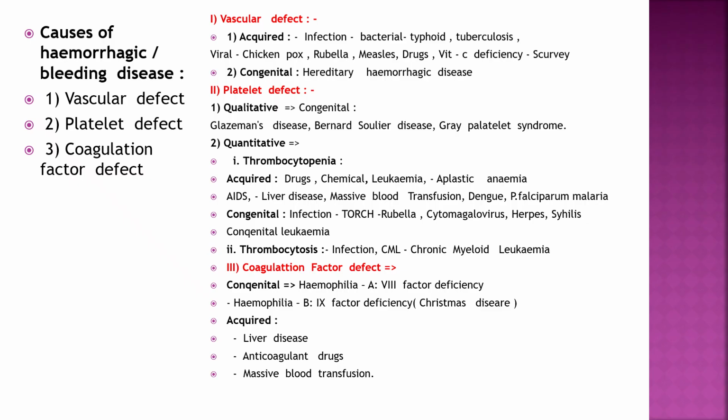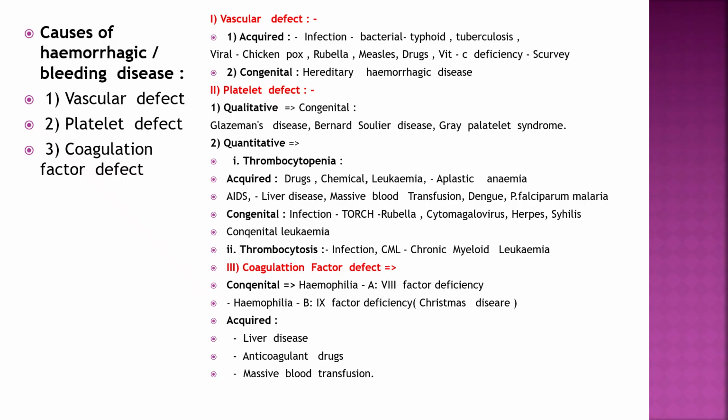Then quantitative: the normal platelet count is 1.5 to 4.5 lakhs per cubic millimeter. If it is less than 1.5 lakh per cubic millimeter, it is called thrombocytopenia. Causes of thrombocytopenia can be acquired or congenital. In acquired, it can be because of drugs like heavy antibiotics or chemotherapy drugs, or chemicals, leukemia, aplastic anemia, AIDS, liver disease, massive blood transfusion, or infection like dengue, P. falciparum infection.